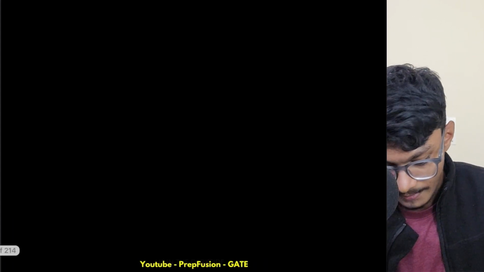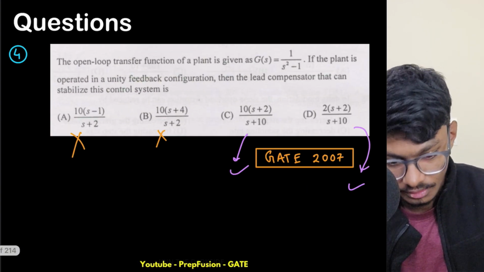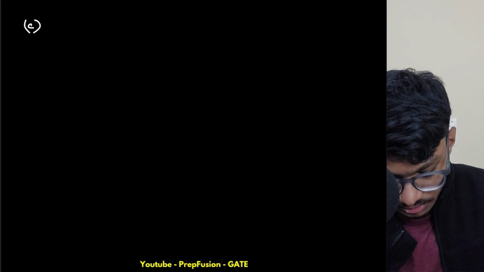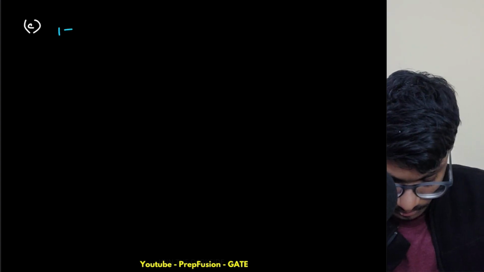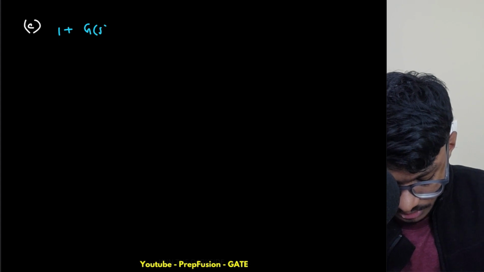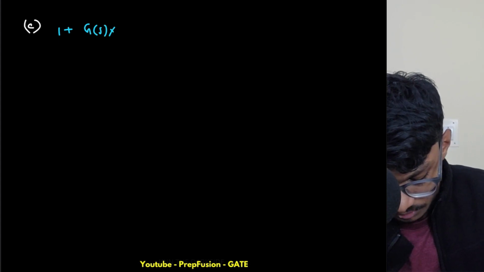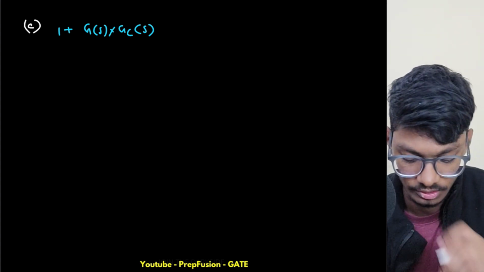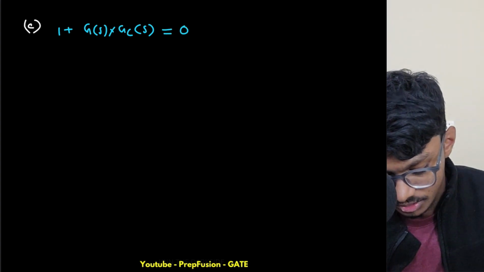So for option C, I can simply use the characteristic equation 1 plus G(s) into Gc(s), because the controller will be directly connected at the OLTF, should be equal to 0.